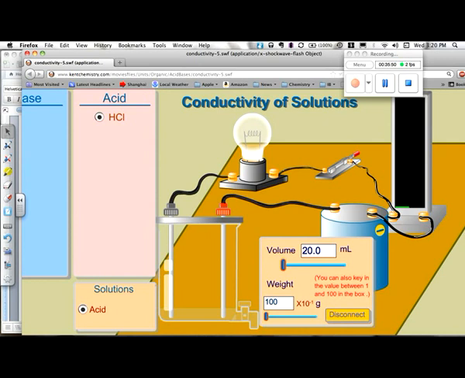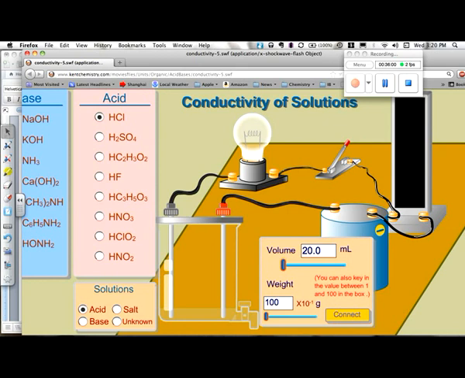Same reading. Okay, well that doesn't help. Let's disconnect. You can also key in the value between 1 and 100 in the box. Oh, there we go. Okay. All right, it's letting me do the slider now. I guess I had to be disconnected.